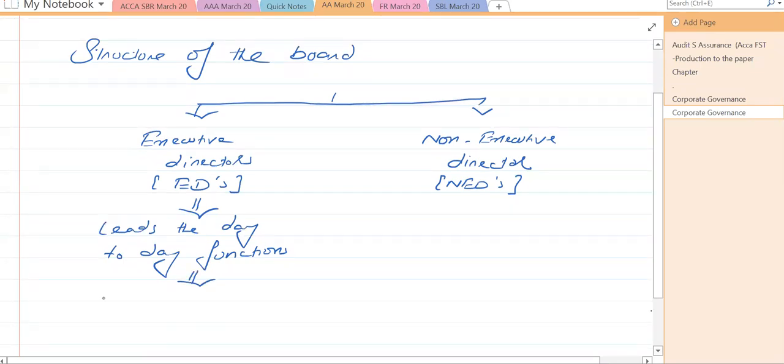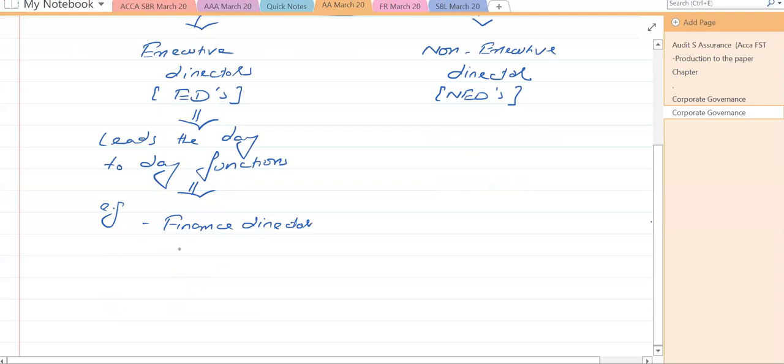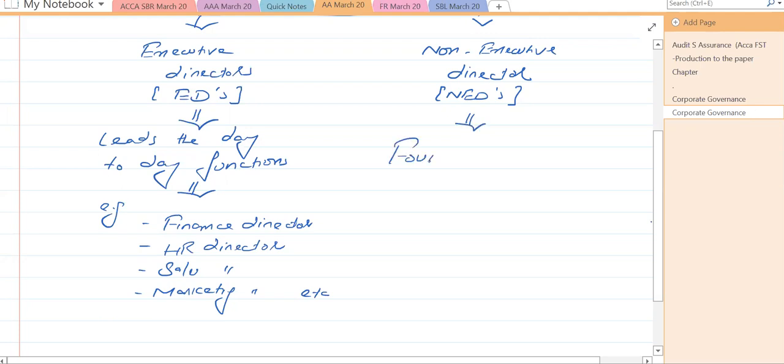For example, finance function, so finance director. HR function, so HR director. Sales function, sales director. Marketing function, marketing director, etc. On the other hand, NEDs have 4 roles in the companies.